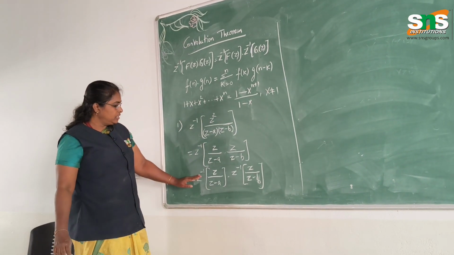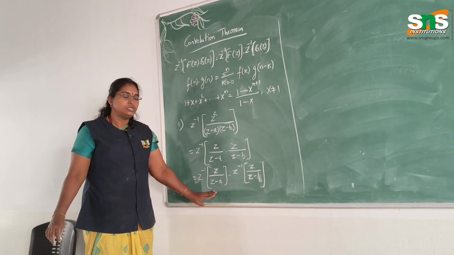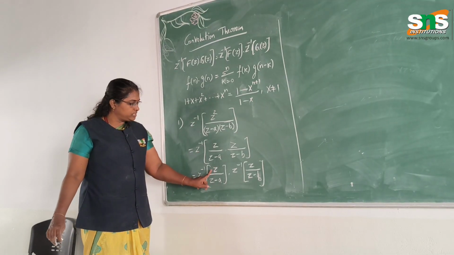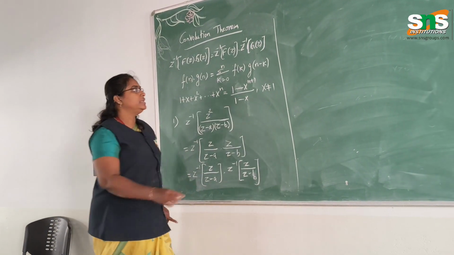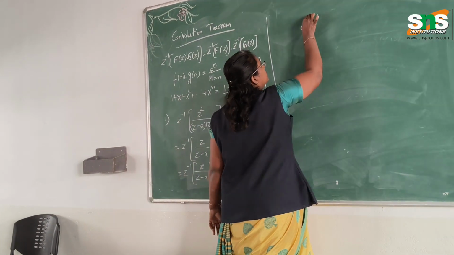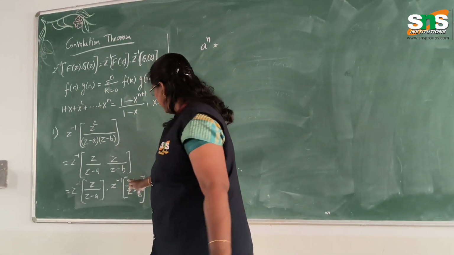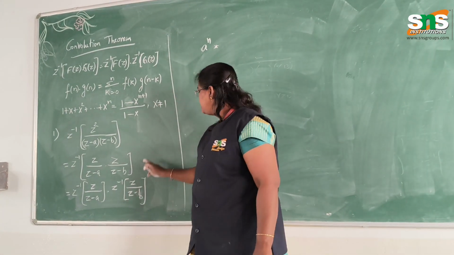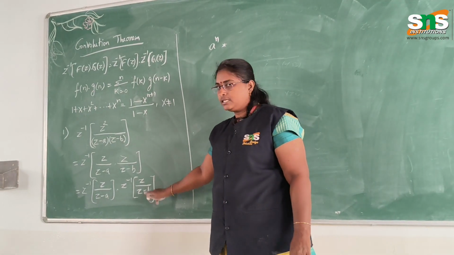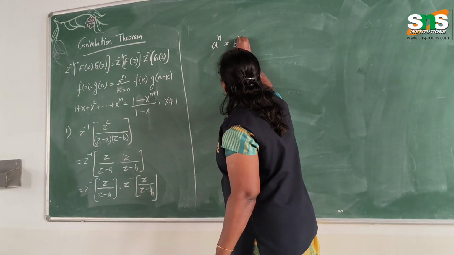After this, apply the Z inverse formula. So what is the formula? Z inverse of z divided by (z minus a) is a power n, and Z inverse of z divided by (z minus b) means instead of a, b is given, so b power n.